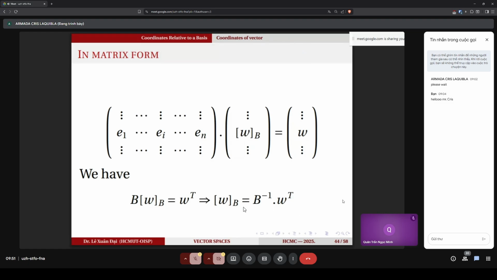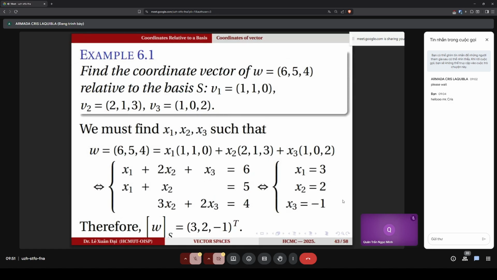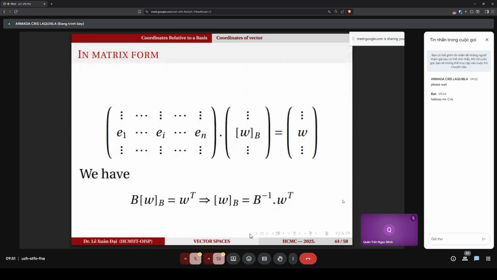You can get also the coordinate vector. Or you can use this, equal to 654, then just get the value of your x1, x2, x3. Just solve this equation.